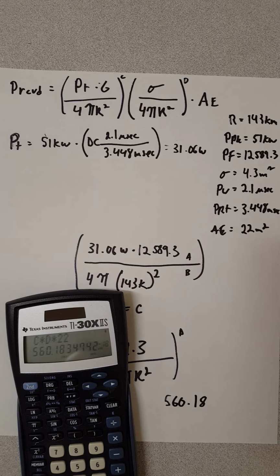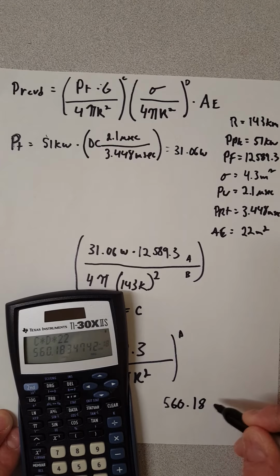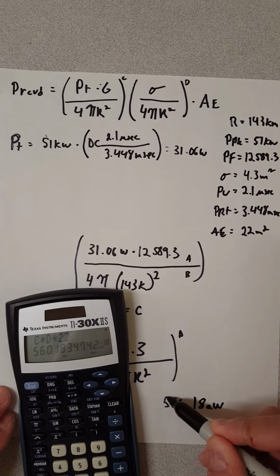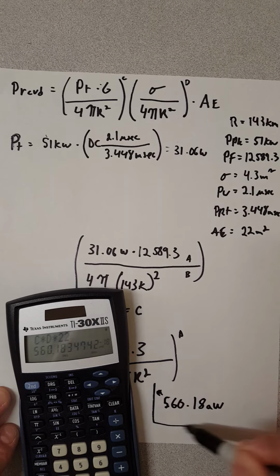And if you got to refer back to your engineering notation sheet, that's fine. And that's going to be attawatts. And this is just power received, so it's not a power density, it's not power over area. So this is actually our final answer.